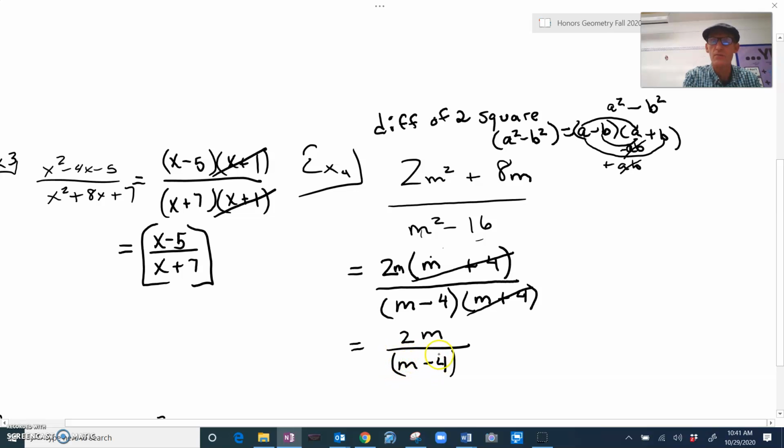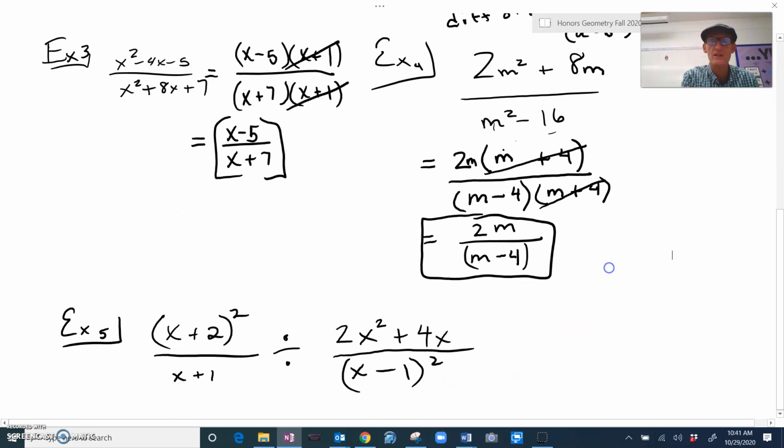It's a separate binomial on the bottom. So we end up with that. We started off with 2m squared plus 8m. We started off with 8, but I made a mistake and went back and fixed it. So we have ended up with 2m over m minus 4 based on that process.